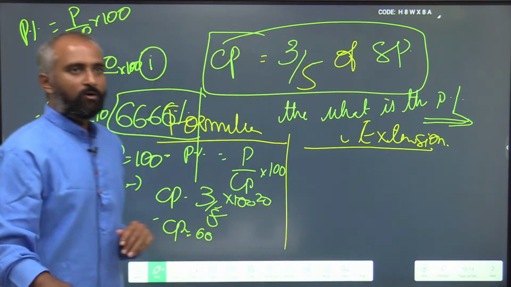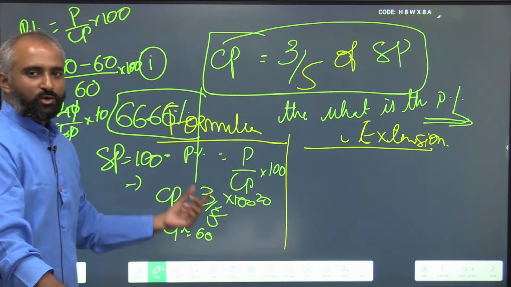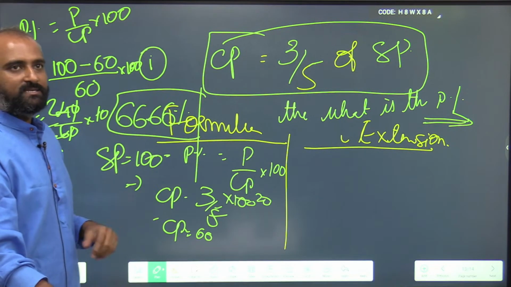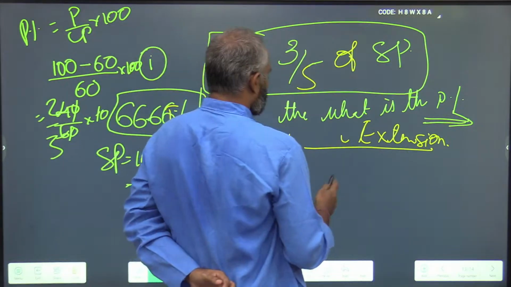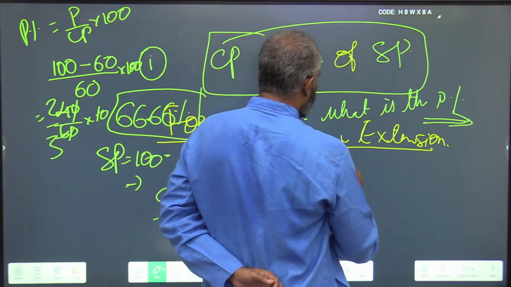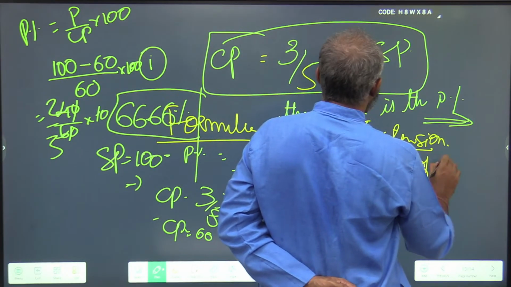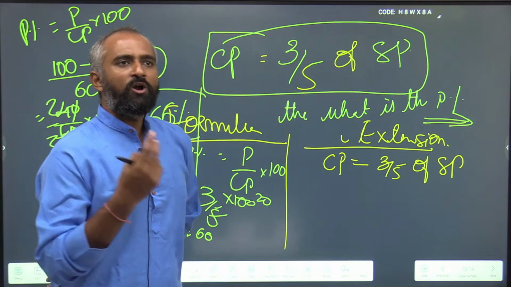Now, do you need to do all this, assuming one value, substituting in the formula, finding out the calculation itself? See this as an extension of percentages or ratio. CP is 3/5 of SP. What do we do in a ratio?